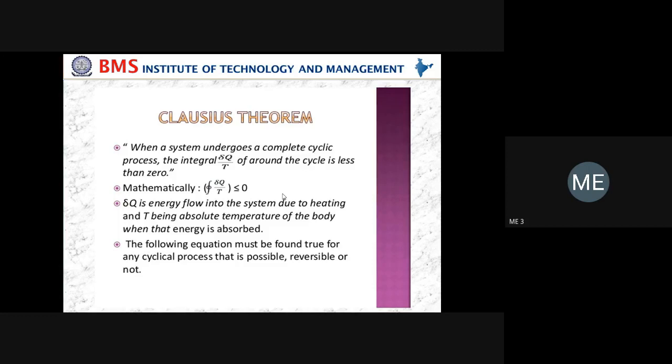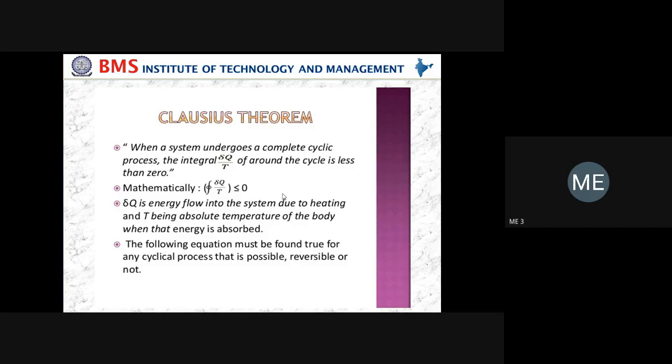Cyclic integral of dv is 0, cyclic integral of dT is 0, and cyclic integral of dp is 0, like that. So cyclic integral of dq by T is nothing but cyclic integral of ds, always less than or equal to 0. It's never greater than 0, because it is a property.